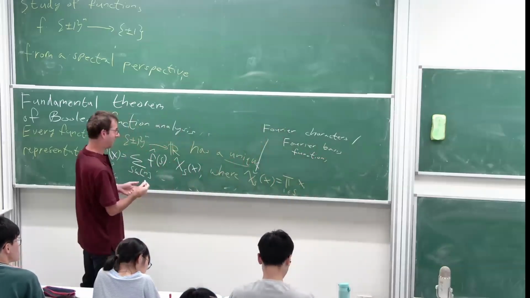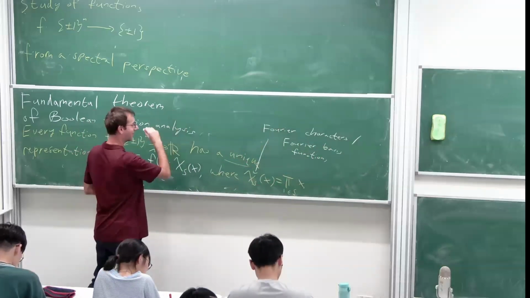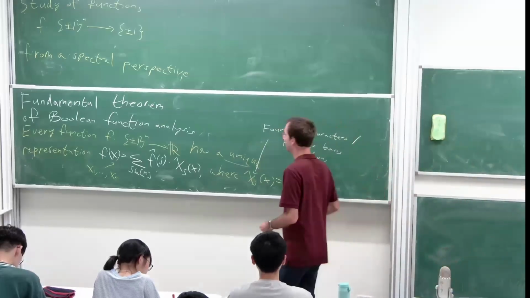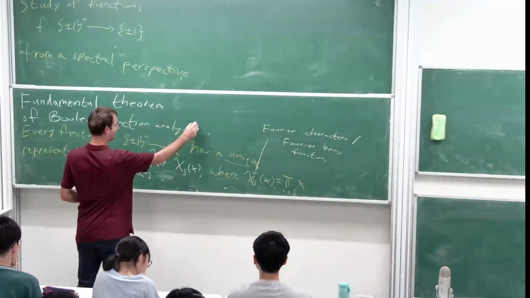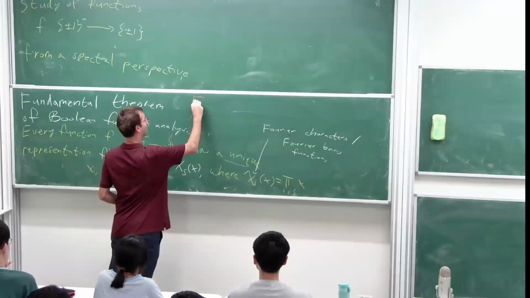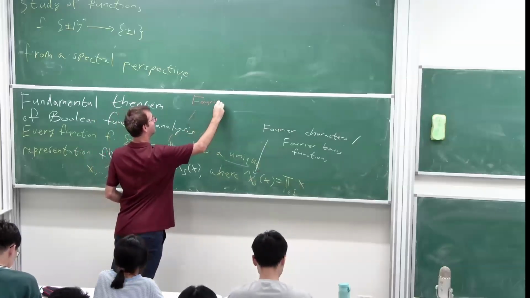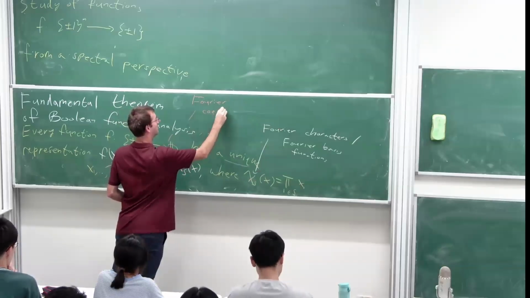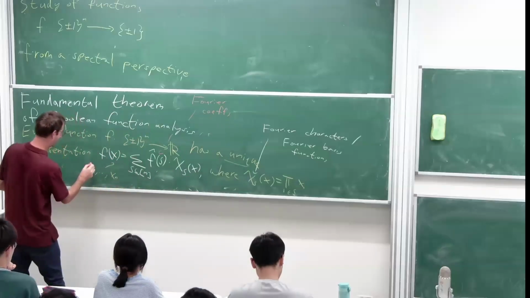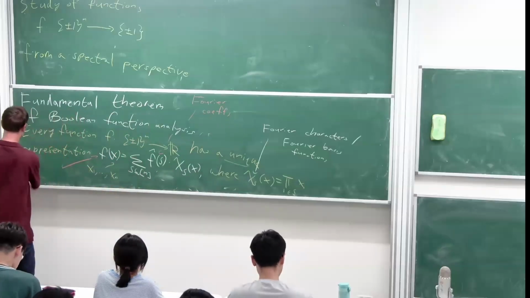Sorry about the mess. These numbers are known as Fourier coefficients. And this entire sum is called the Fourier expansion.